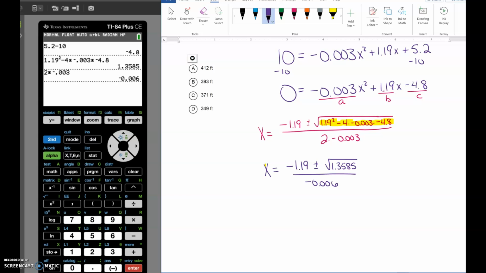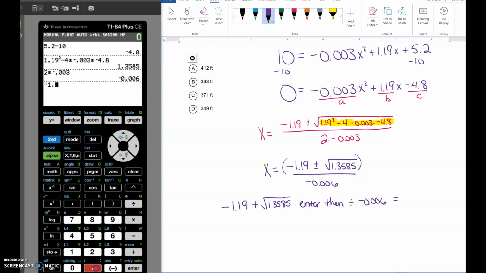And because the whole thing is divided by negative 0.006, you need to do the entire top part, then divide it. So in your calculator, you're going to do negative 1.19 plus the square root of 1.3585. Hit enter, so your equal sign or your enter, then divide by negative 0.006. Here's what it looks like in my calculator, and you'd enter this the same in a scientific calculator or even in a calculator that you're using on your phone.